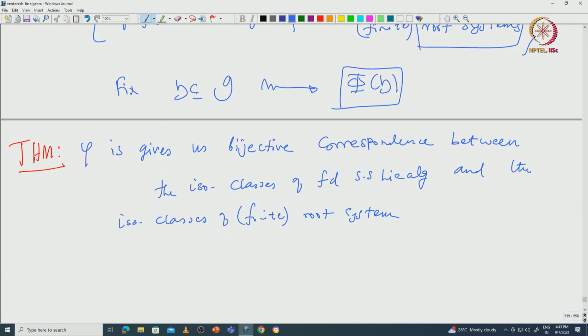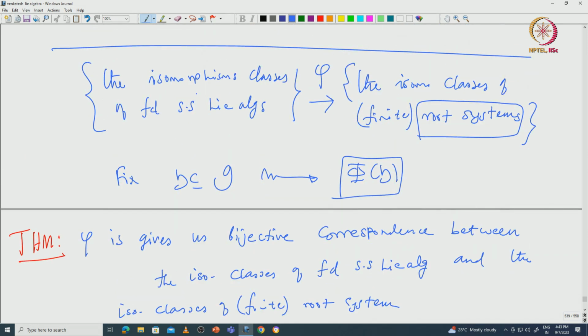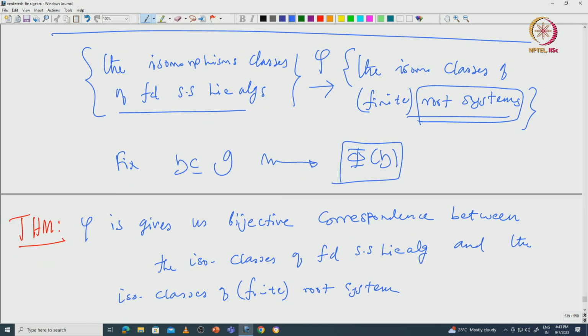Okay, so this will be the ultimate goal of this course: proving that φ gives us a bijective correspondence, and using it we will bring down the classification of finite dimensional semisimple Lie algebras to the classification of finite root systems, and then we will complete that classification. Okay, so this is our ultimate goal.